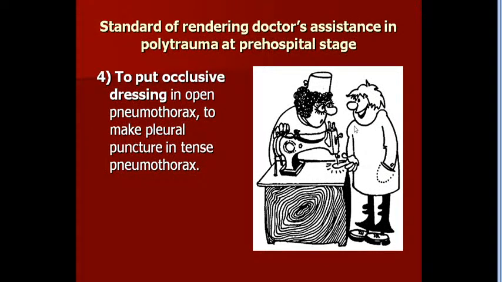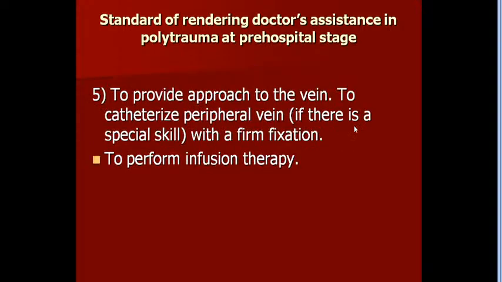Apply an occlusive dressing in open pneumothorax, and make a pleural puncture if the patient has tense pneumothorax. To provide access to the vein, catheterize a peripheral vein if there is a special skill, with firm fixation, to perform infusion therapy. Look: first anti-shock measure is arrest of bleeding.